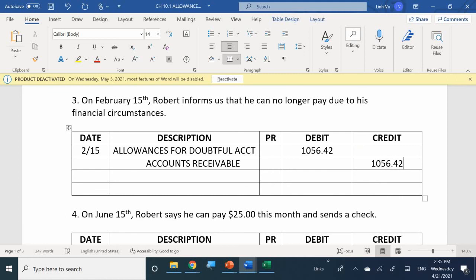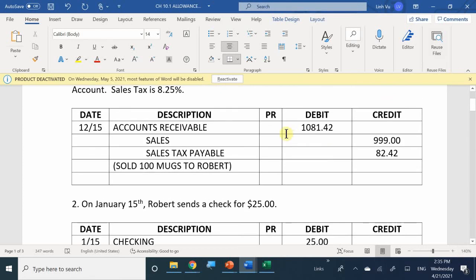Okay, good. You said 25 minus 81? Where's the 81 come from? The 1081, what he originally owed us. Oh, 1081. Sorry, I'm just doing simple math. So I just took the 25 minus the 81 to get the 56.